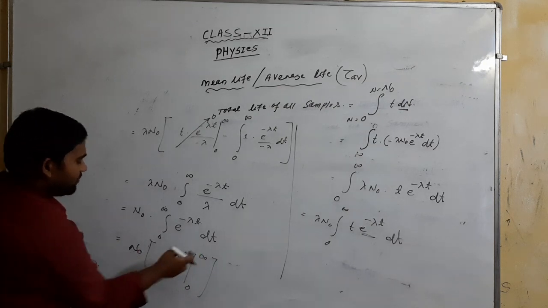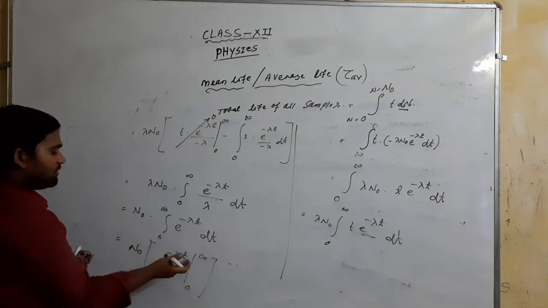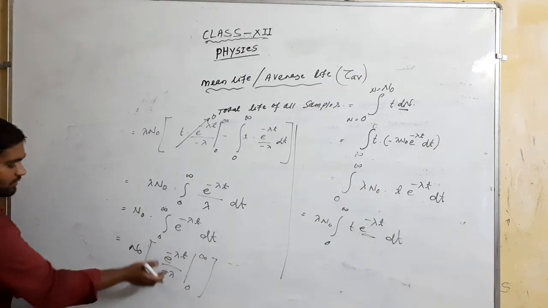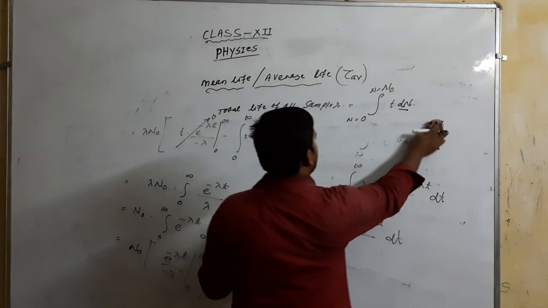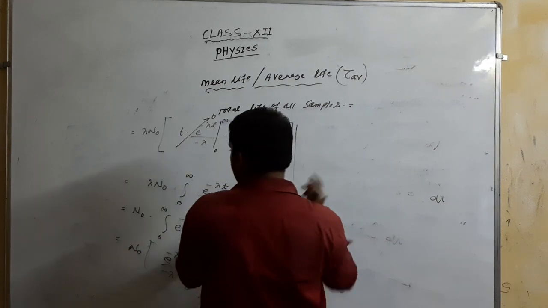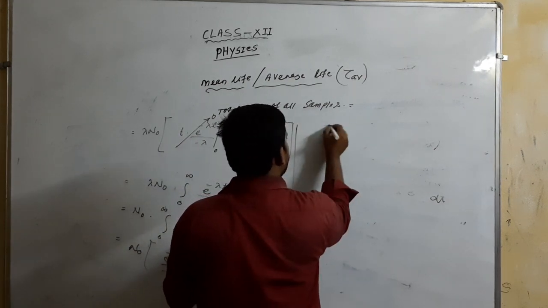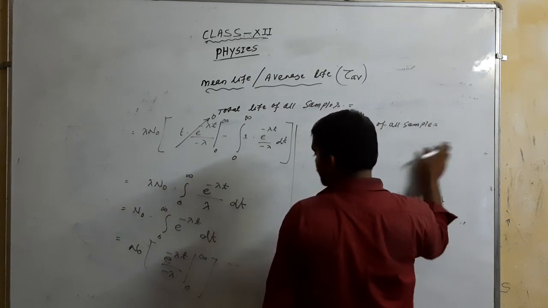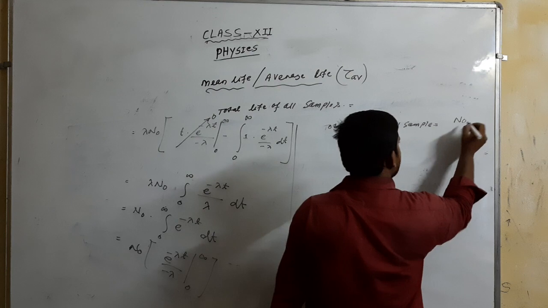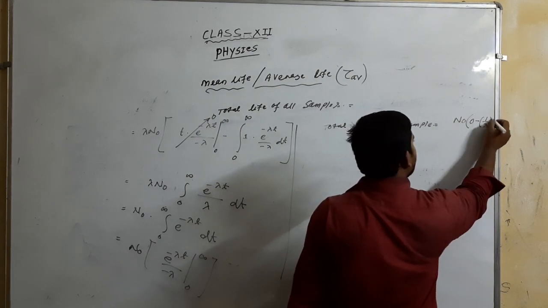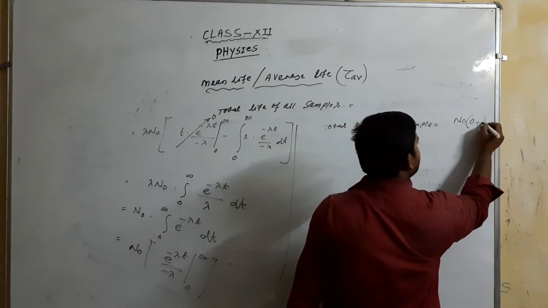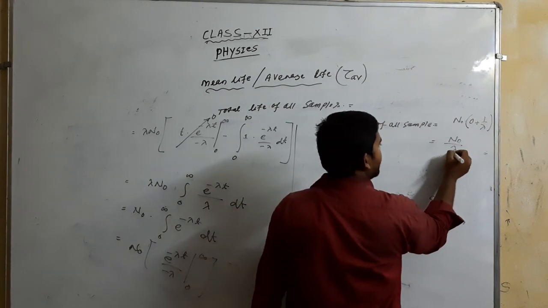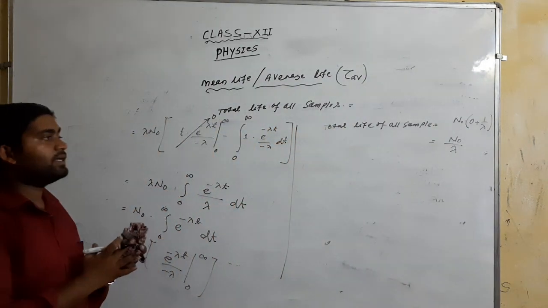Replacing the upper limit first, e to the power minus infinity is 0, and at the lower limit e to the power 0 is 1, and the negative signs make it positive. So the total life of all samples equals n0 into 0 minus of minus 1 by lambda, simply 0 plus 1 by lambda, that is n0 by lambda. That is the total life of all samples.